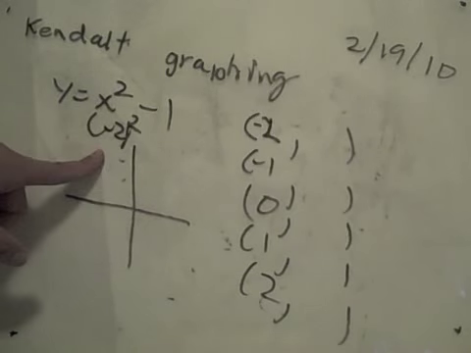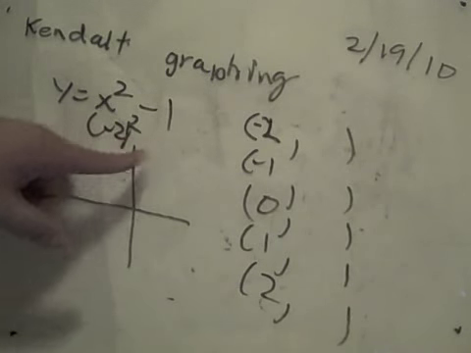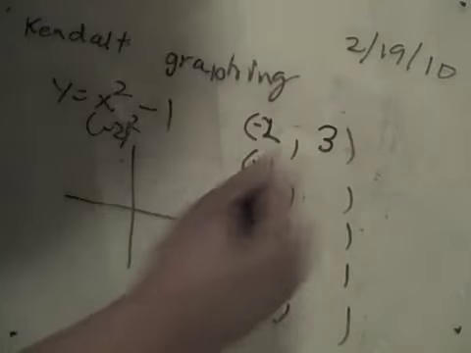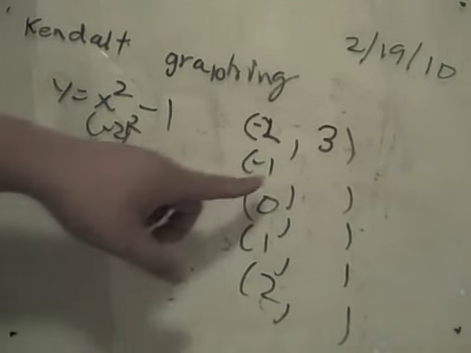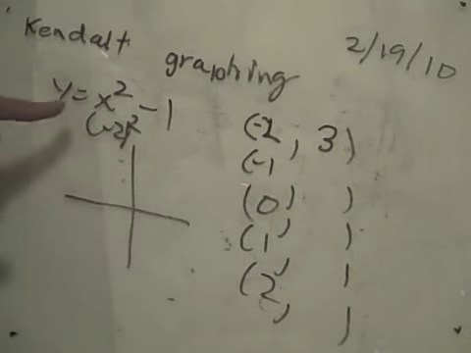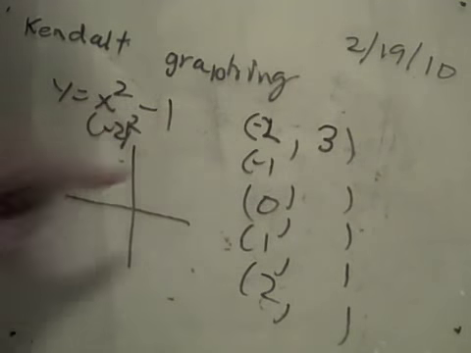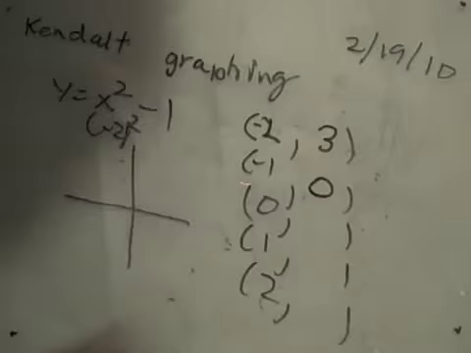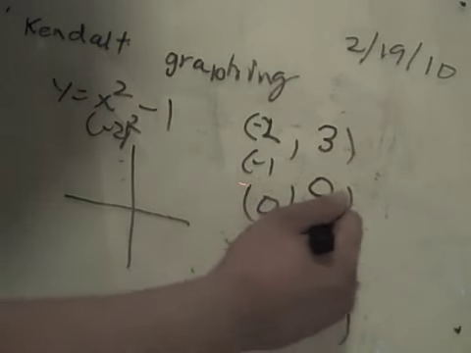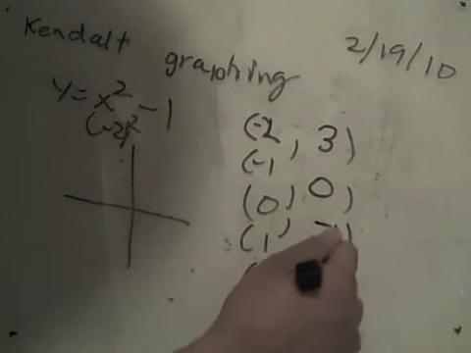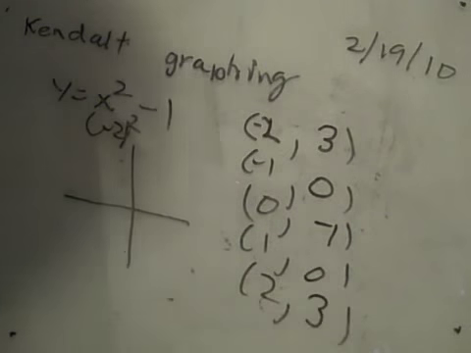Parentheses negative 2 squared would be 4, and then minus 1 would be 3. So y equals 3 when x equals negative 2. When x equals negative 1, you plug it in and you get 0, because negative 1 squared is 1, minus 1 is 0. This one would be negative 1, this one would be 0, and this one would be 3.